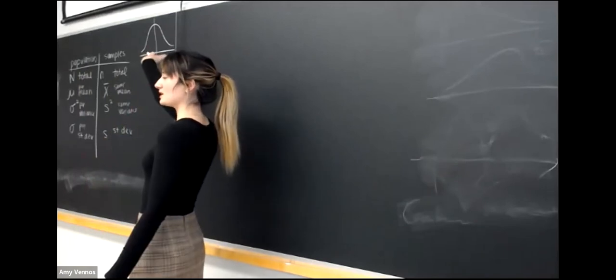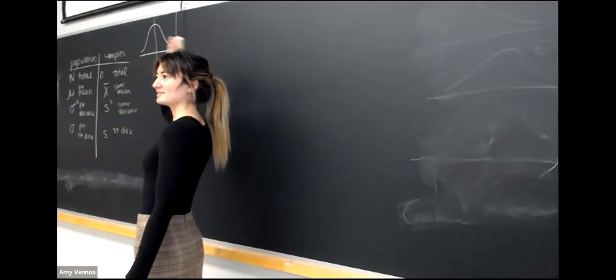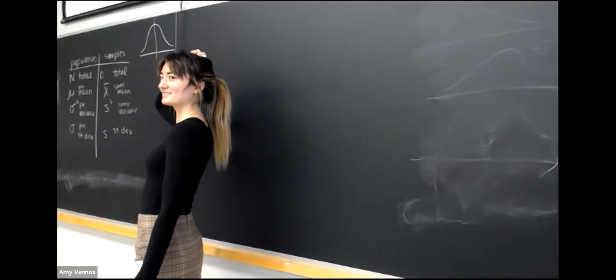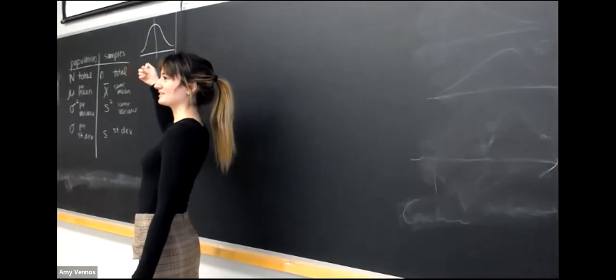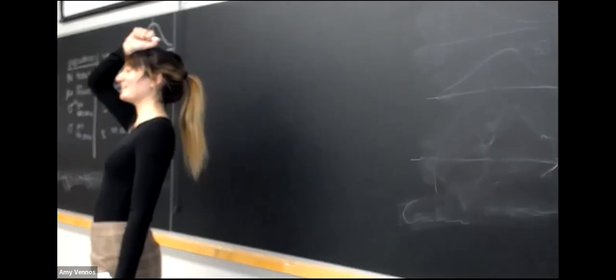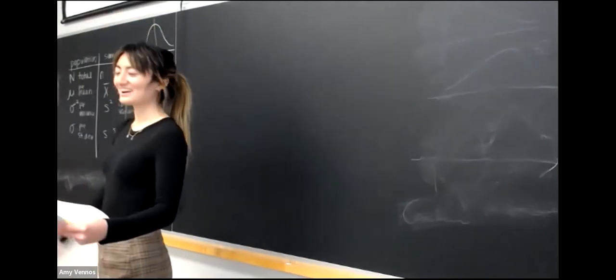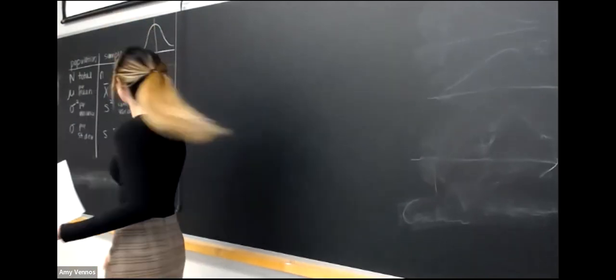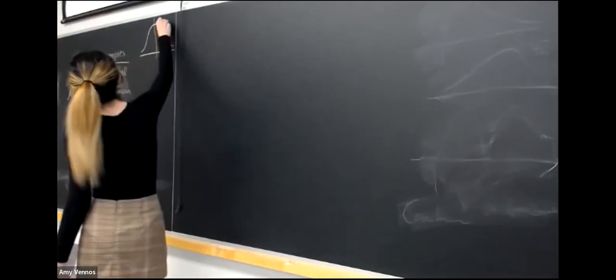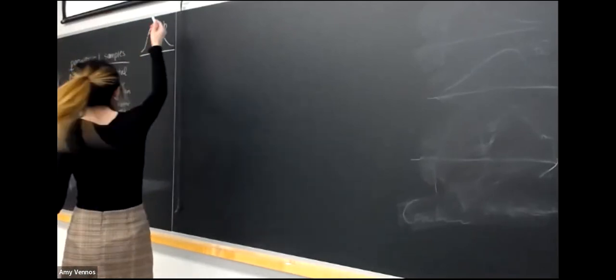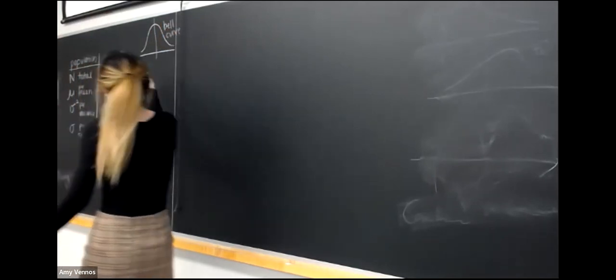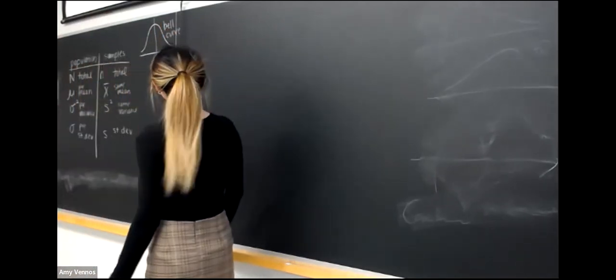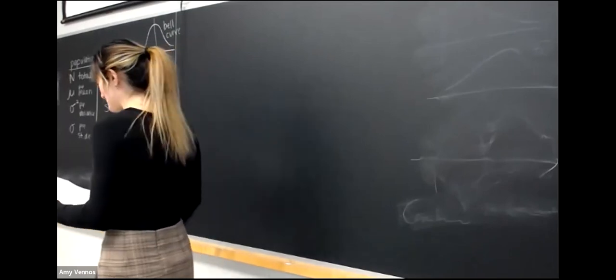Does anyone remember what this is called? Well, what does it look like? With a bell-shaped histogram. I wonder how you figure that one out, right? Yeah, it's called a bell curve, right? Bell-shaped histogram. Bell curve. It looks like a bell, kind of like Taco Bell, I don't know. Looks like a bell, okay.